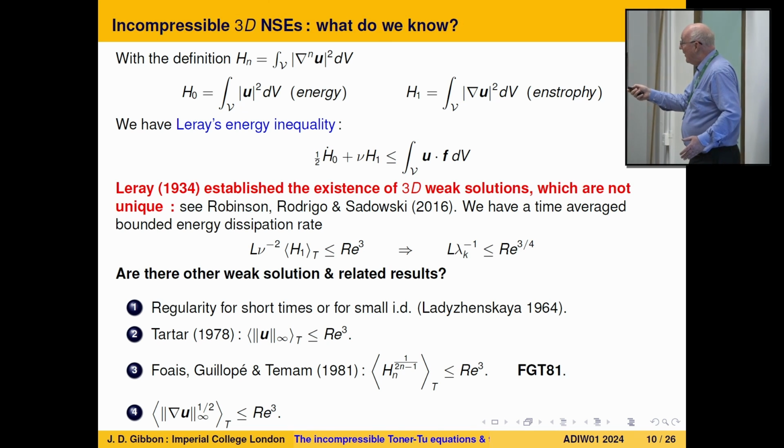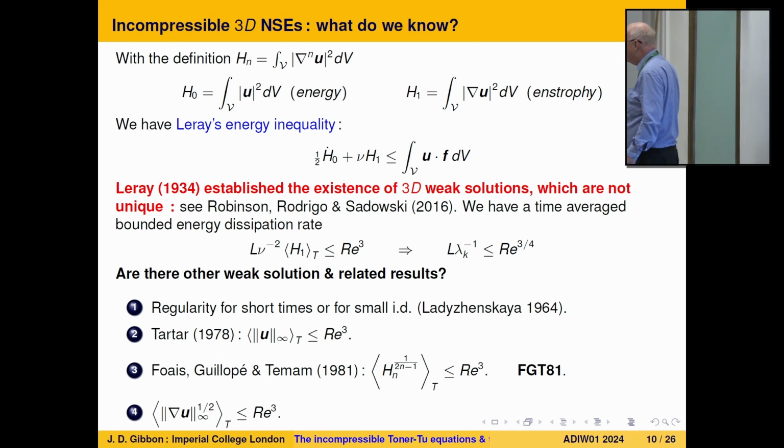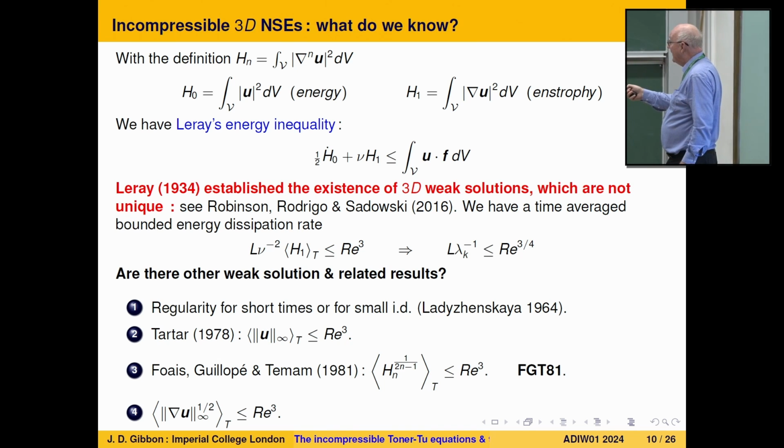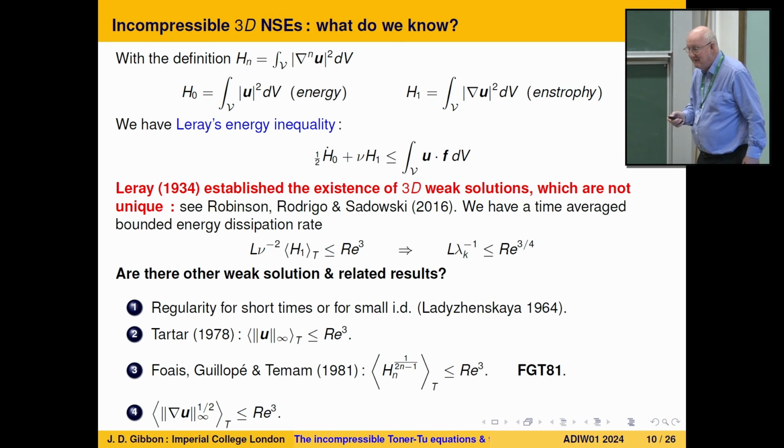So it is an inequality, but it sort of touches all the right numbers. Okay. Now, what other results do we have? Well, Olga Ladyzhenskaya in '64 proved regularity, and this is 3D Navier-Stokes, not 2D, for short times or for small initial data.